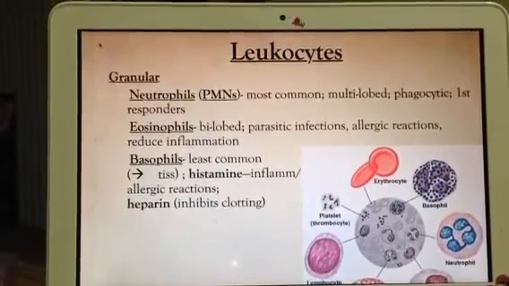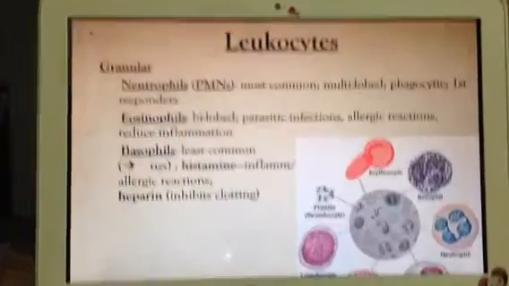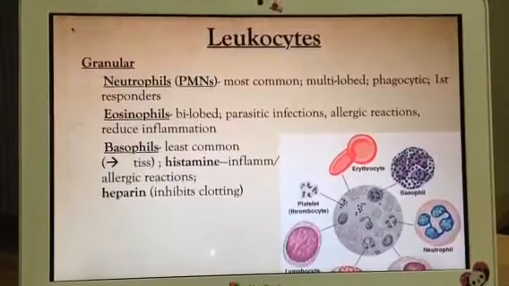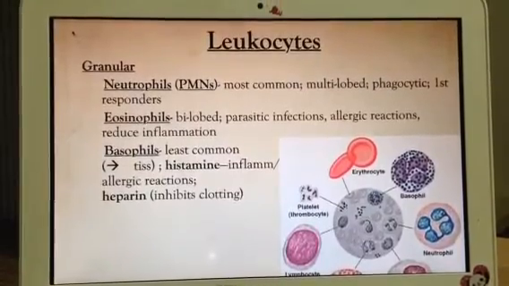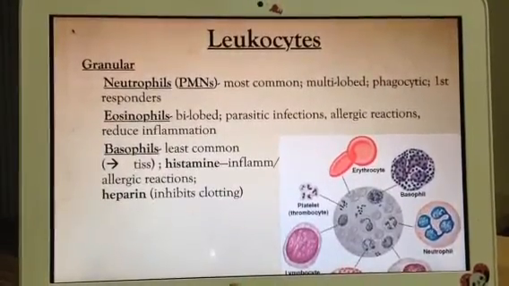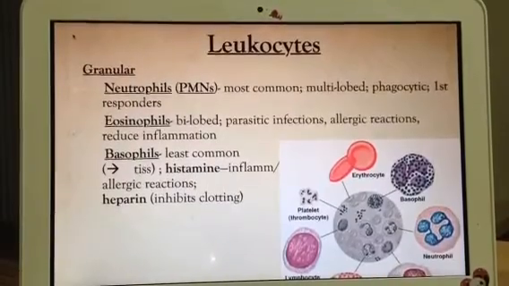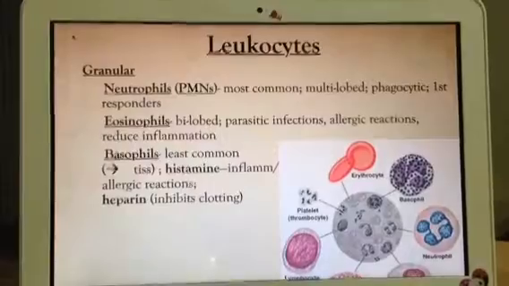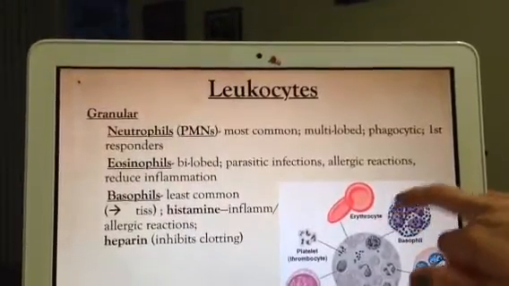Of the granular ones, we have neutrophils, which some books will call PMNs, which stands for polymorphonuclear cells. And those are the most common of the types. They are multi-lobed, meaning that the nucleus looks like it has more than 2 lobes to it, right?